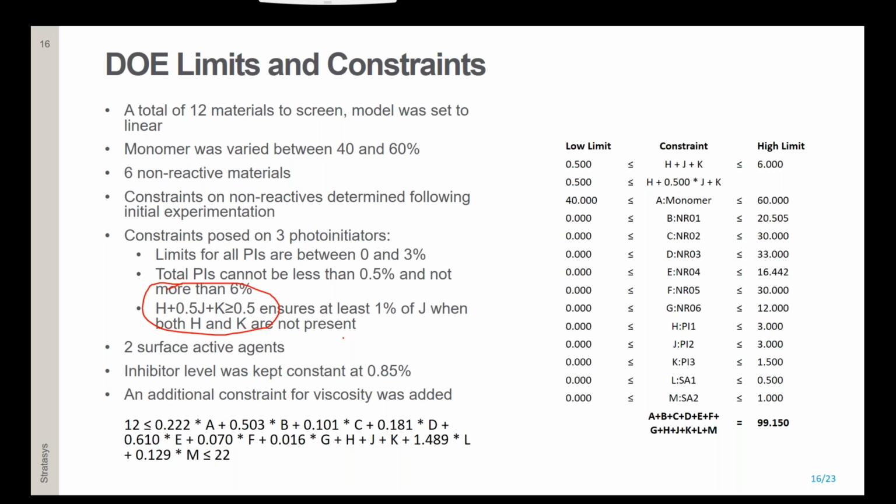We calculated the viscosity based on simple linear addition of the viscosities of each of the components at the required temperature. But we knew experimentally that this was not exactly correlated. So we gave a little bit more margin for the software to be able to work with.